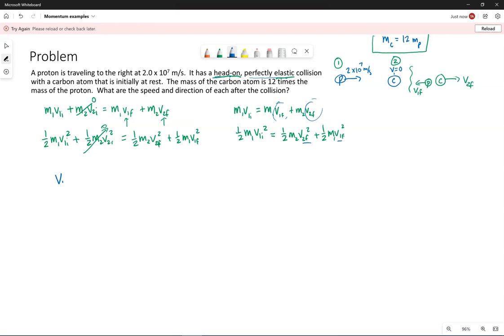Meaning we do not need to do that math, the substitution, ourselves. But it's specifically because this is linear motion, because one of the objects is at rest, and because this is specifically an elastic collision. So I'm just writing these equations down.